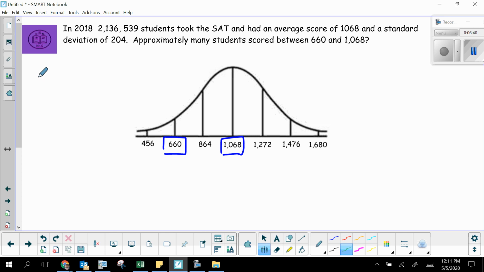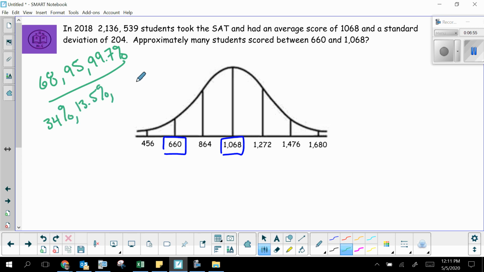Look at our empirical rule: 68%, 95%, and 99.7%. Break that down into the individual sections of 34%, 13.5%, 2.35%, and 0.15%. And we don't actually need to fill in the whole thing. We could just fill in the sections that we're looking for. They want to know between 660 and 1068, so we only need these two sections of the graph.